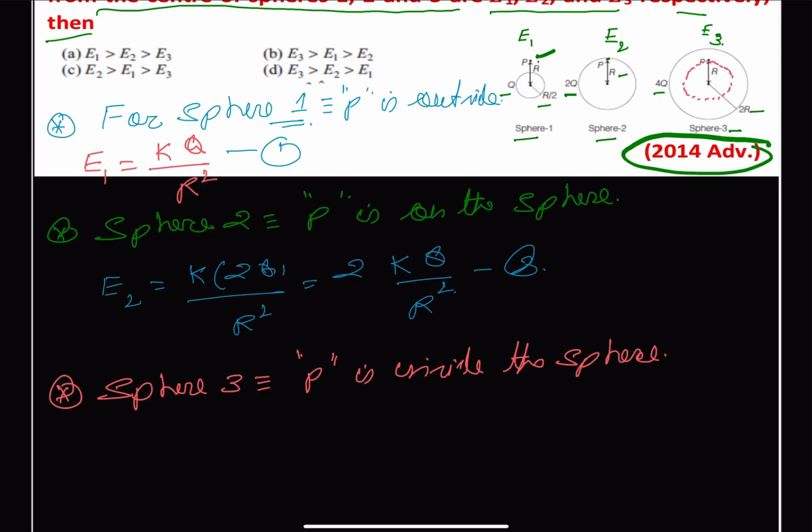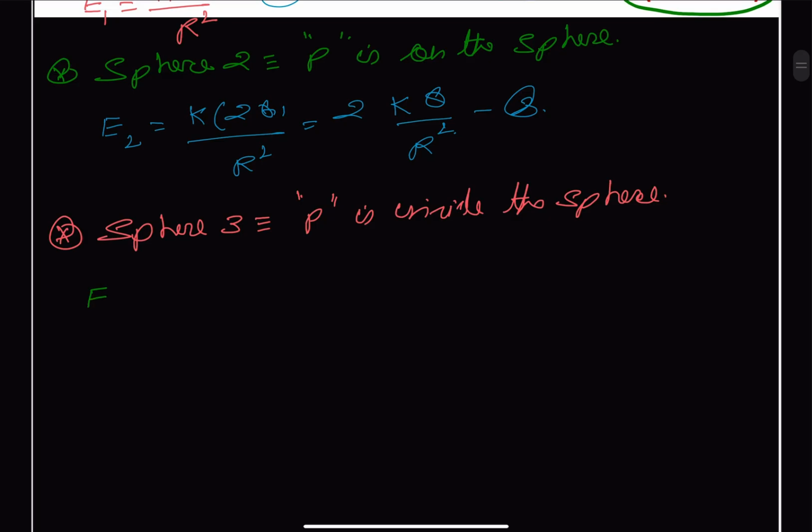So we are only interested in the charge that will be lying within this radius R. So in proportion, we can write that the electric field E3 will be equal to K, the total charge is 4Q, and the radius of the sphere is 2R, so this comes as whole Q multiplied by R, that is the radius of a hypothetical sphere.